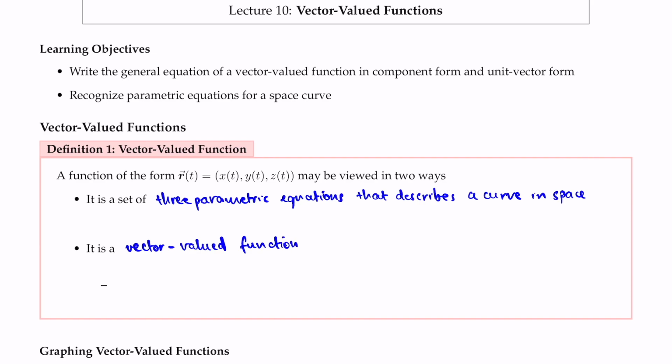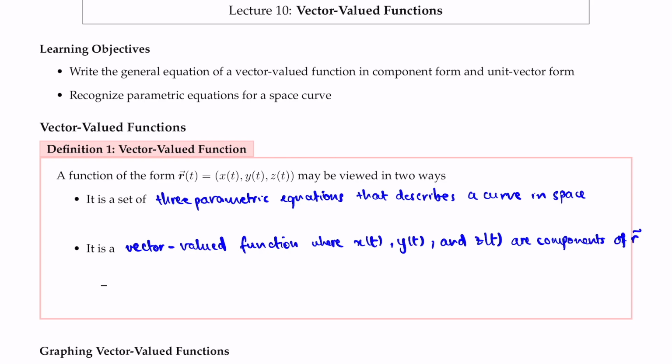Using the same setup, r of t equal to x of t, y of t, and z of t, we can view this equation as a vector value function, where x of t, y of t, and z of t are the components of r of t.